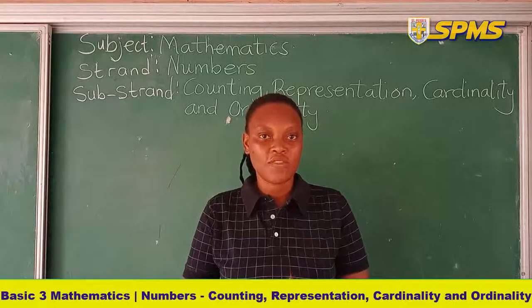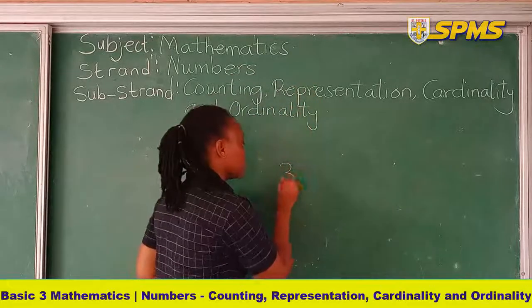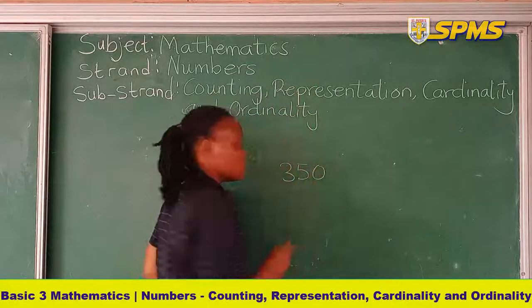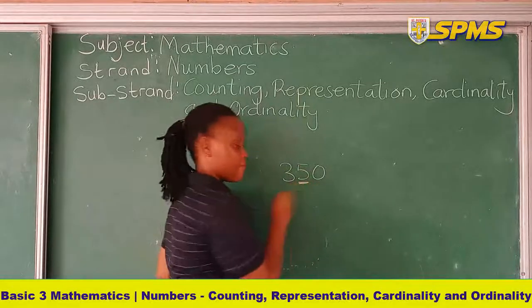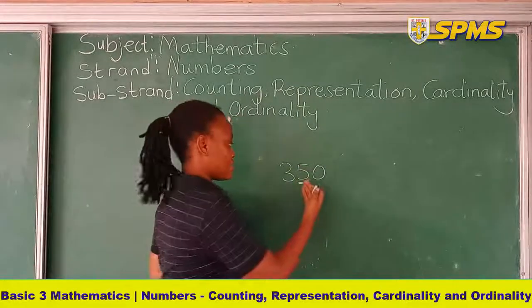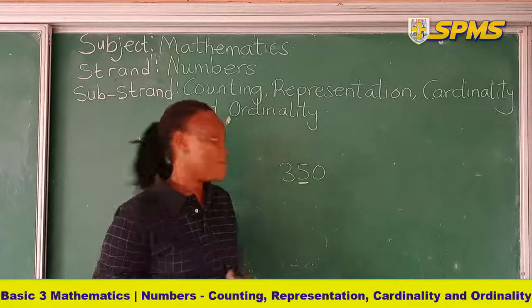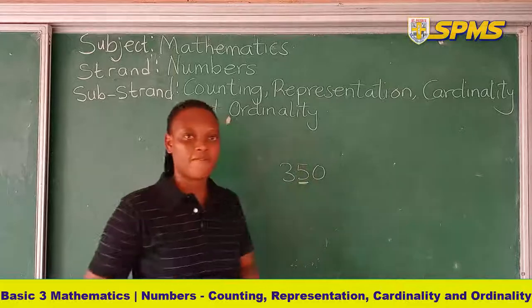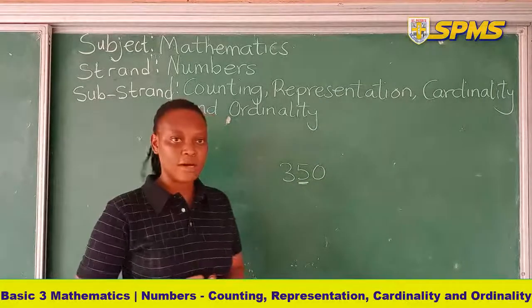The worth of the number. For instance, I have 350. I am picking 5. Where is 5 located? And what is the worth of 5? That is what we are talking about.